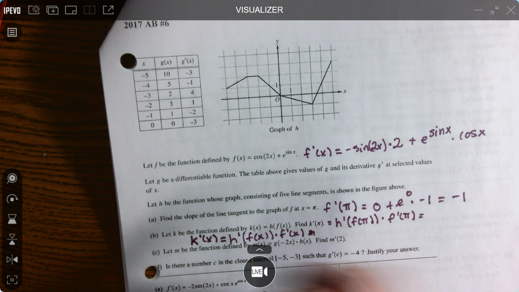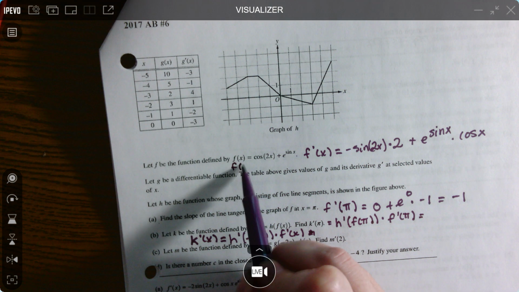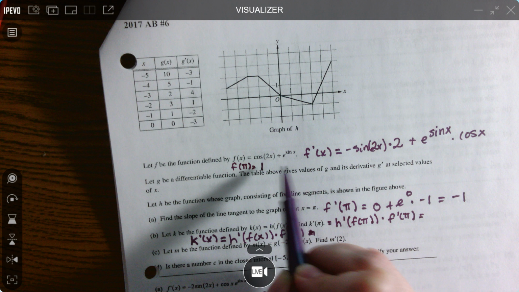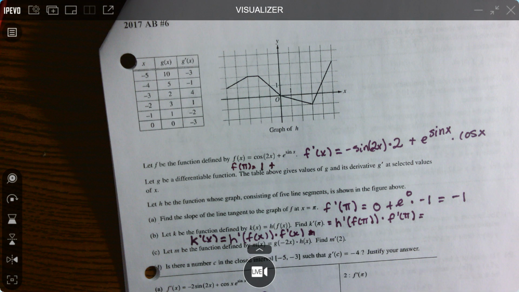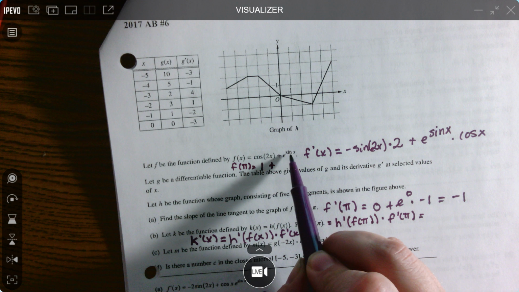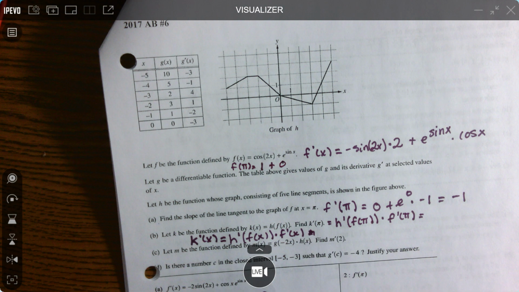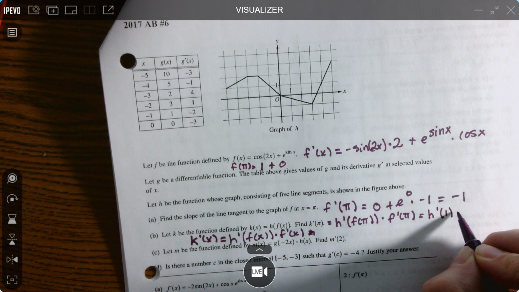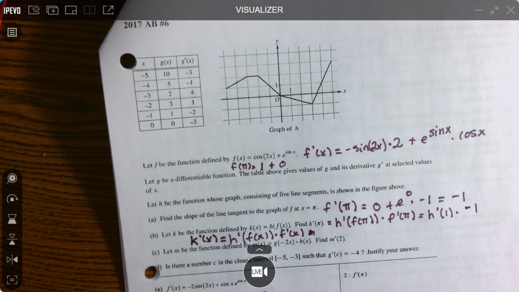So let's see, f of pi, coming back up here. Cosine of 2 pi is 1. And then sine of pi is 0. So we just get 1 for that. I'm going to take another step here. Let's see, f prime of pi was -1.